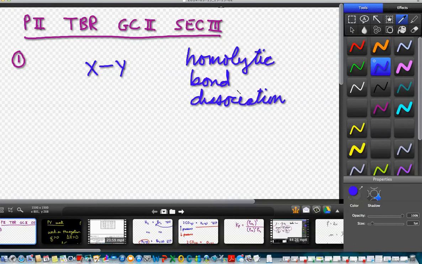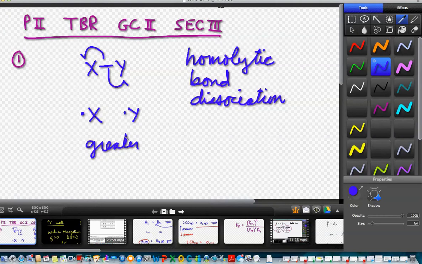This has a big implication in organic chemistry as well. So each electron in the bond splits itself equally, and one goes to X and one goes to Y, so you get two radicals. And these are neutrally charged. So, greater bond dissociation energy equals stronger bond.